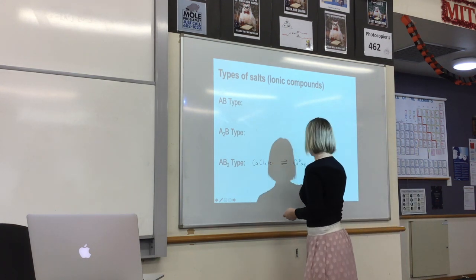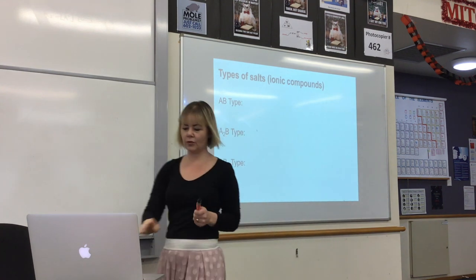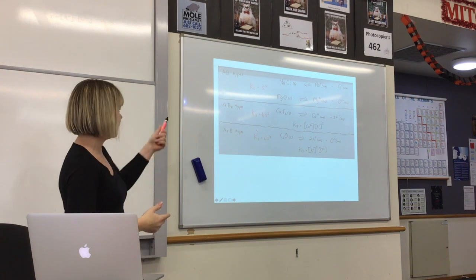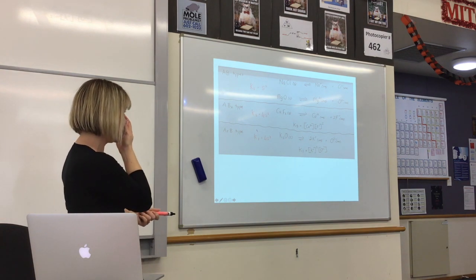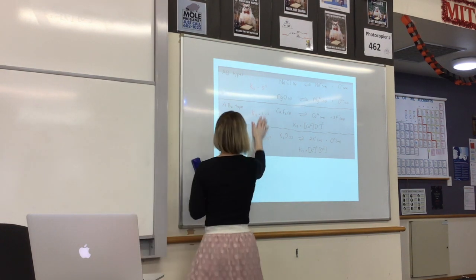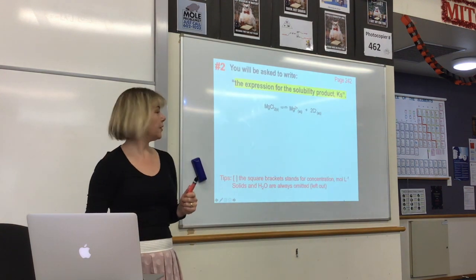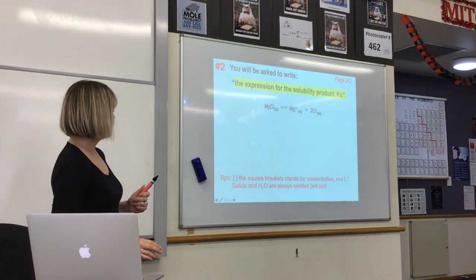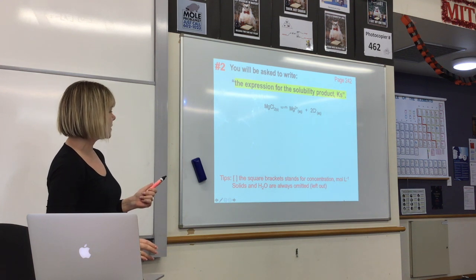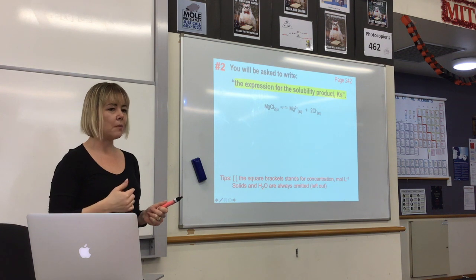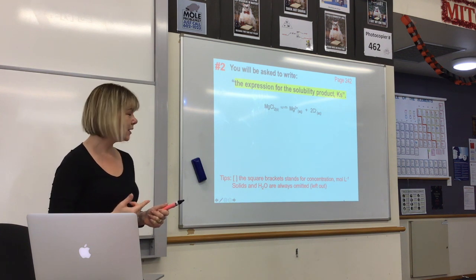So I've got an example. If you're going to watch this again, I've just got some other examples there. Don't worry about this stuff just yet. I'm going to get there shortly. Square brackets stand for concentration, and the concentration needs to be in moles per litre.